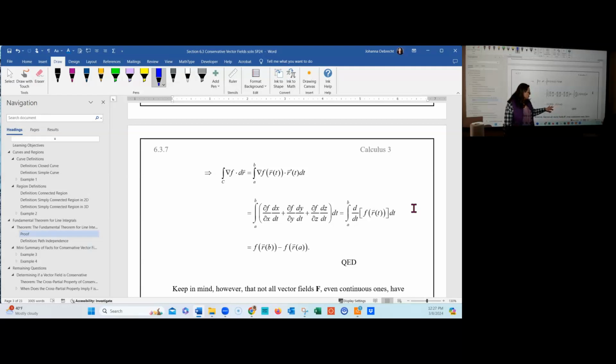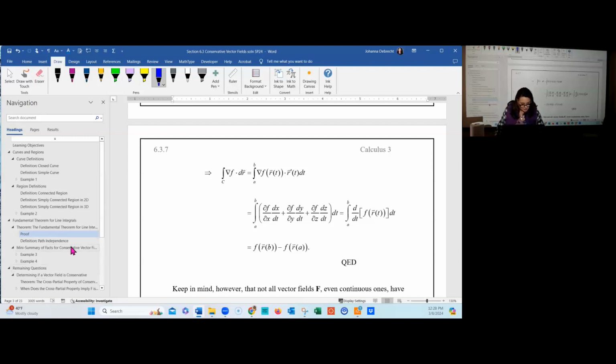And what it's saying is that if it's a closed loop, then R of A and R of B are equal to each other. You're ending up back where you started, definition of a closed loop. In that case, then f of R of A and f of R of B will be exactly the same value, so subtracting them should give you 0.